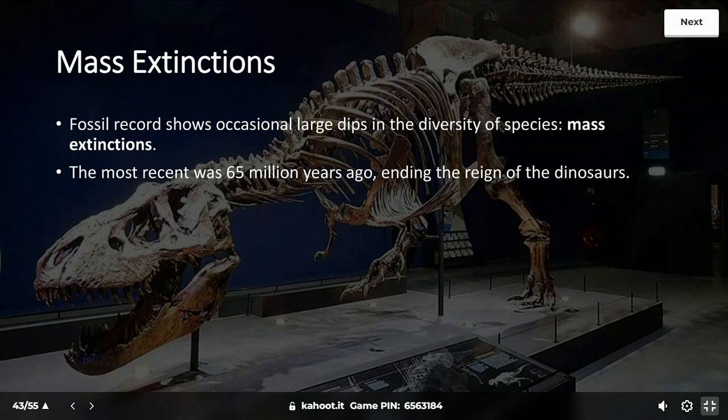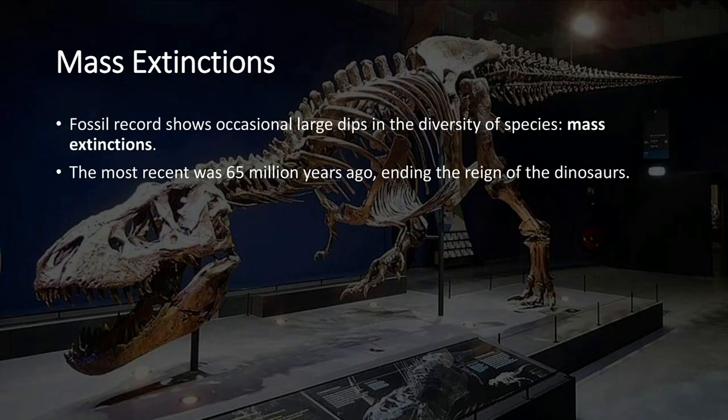If you look at the fossil records on Earth, there are several periods where the biodiversity drops precipitously, and we call these mass extinction events. And the most recent mass extinction event was 65 million years ago, and that ended the reign of the dinosaurs.